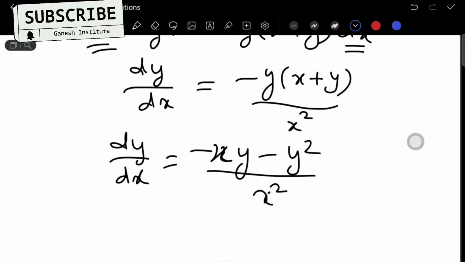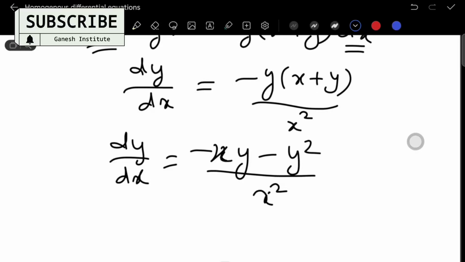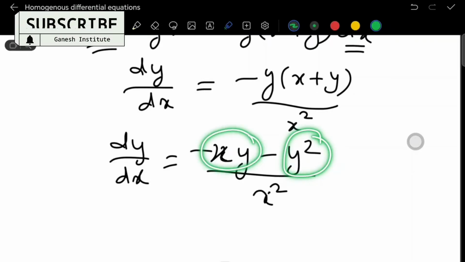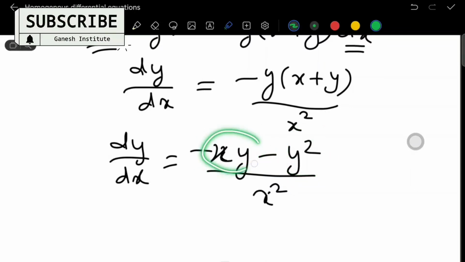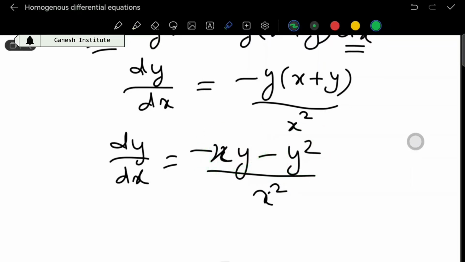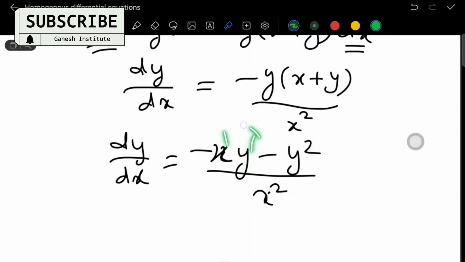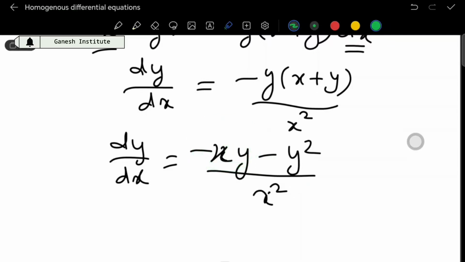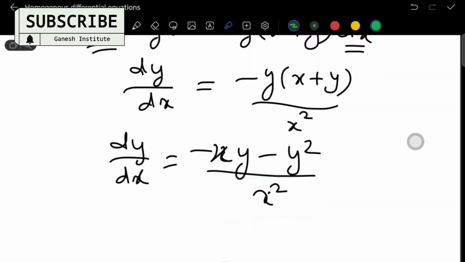So what is its form? You can see this term has degree 2, this has degree 2. When variables are in multiplication, you collectively count the degree for this term as 2, and in the denominator also the degree is 2.